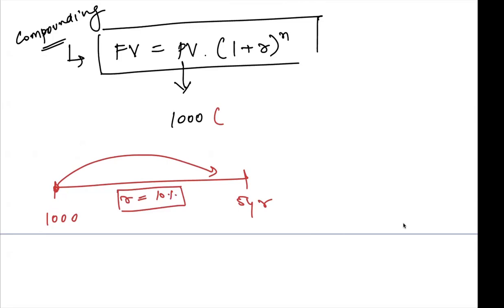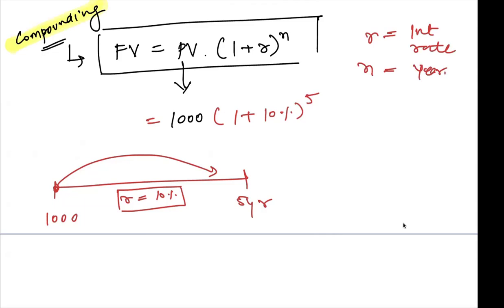What will be the value of this money in the future? 1 plus 10% raised to the power 5. So r is your interest rate, n is your time, or you can say year. This is the classic formula for compounding.